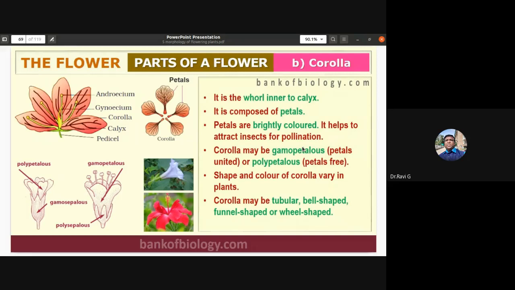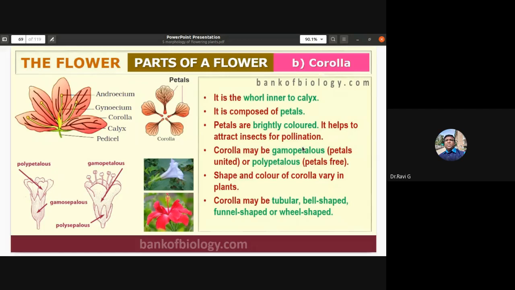The scientific name of this Pichkari Mara is Spathodea campanulata. If they have a bell-shaped flower, we call that corolla campanulate. If it is test tube like, tubular corolla. Funnel-shaped corolla in Datura, you can notice the funnel-shaped corolla, which we call infundibuliform.